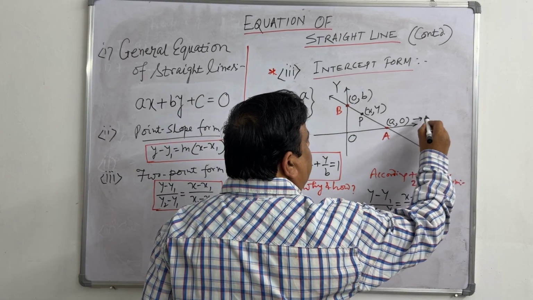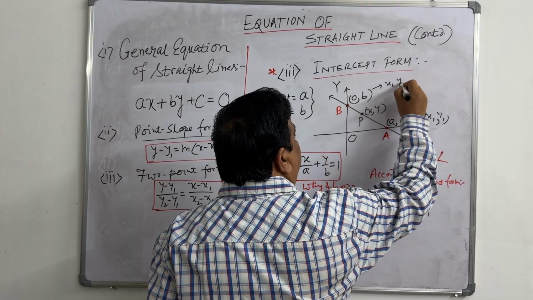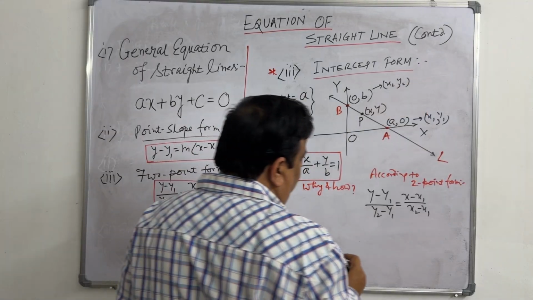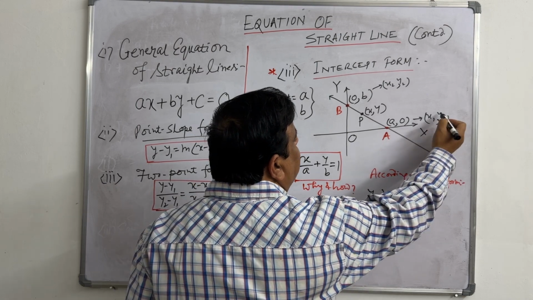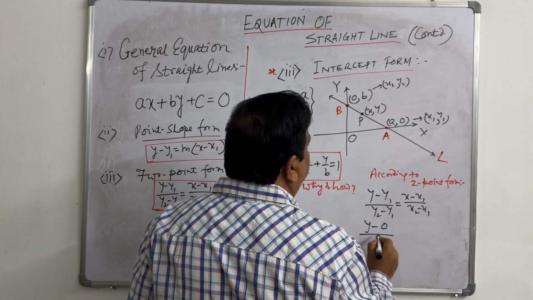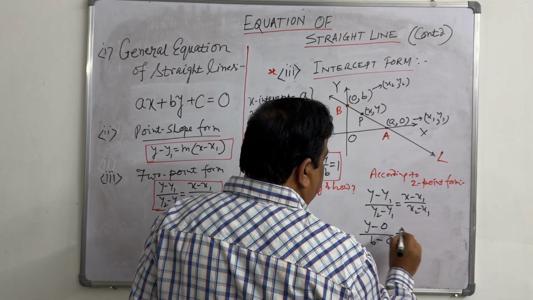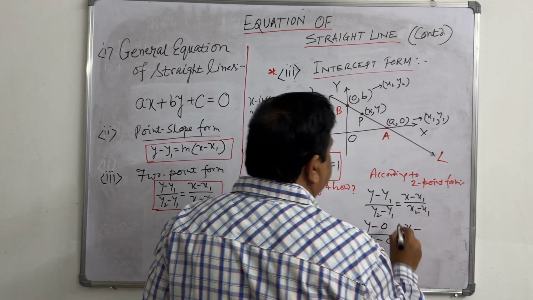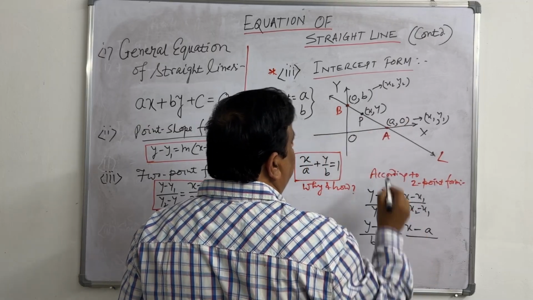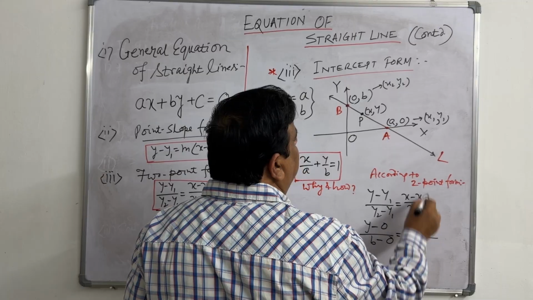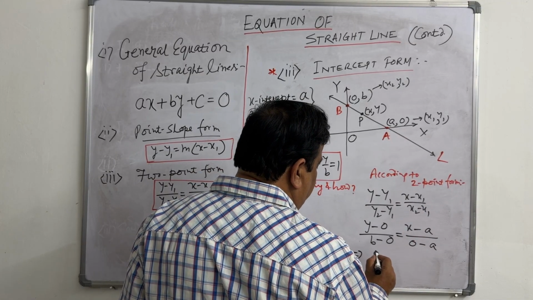Say point A is (x1, y1) and point B is (x2, y2). So put the values. Y minus, what is y1? y1 is 0. What is y2? That is b. Minus y1, that is 0, is equal to x minus x1, that is a, by x2, that is 0, minus x1, that is a.